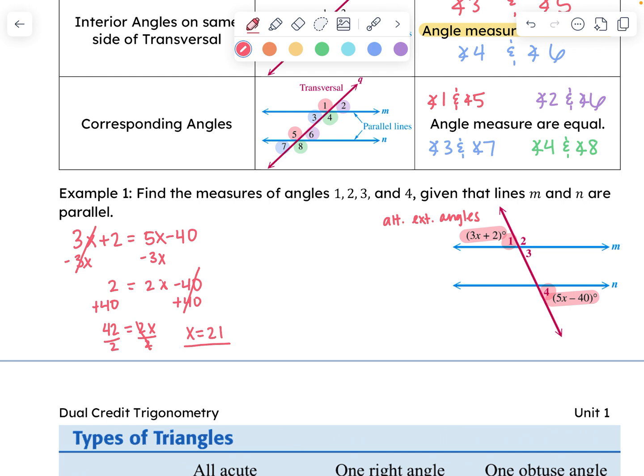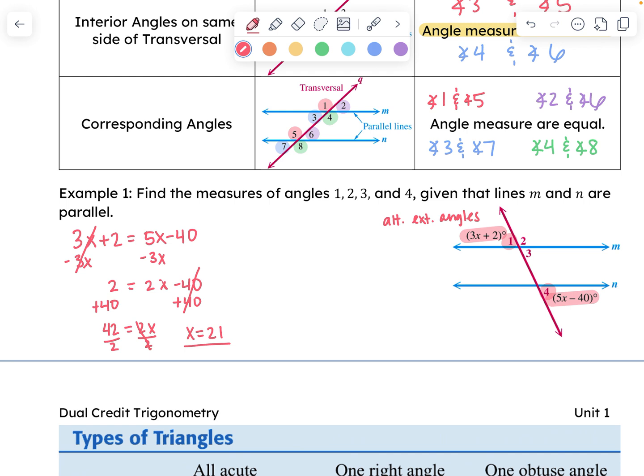So now that I know that x equals 21, I can plug that in either to the 3x plus 2 or the 5x minus 40. I don't have to plug it into both of them. I just need to plug it into one of them because I already know that they're the same thing. However, if I plug it into both of them, that would help me double check and make sure that I did my math right.